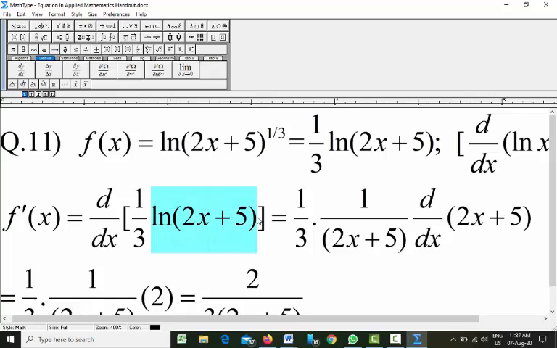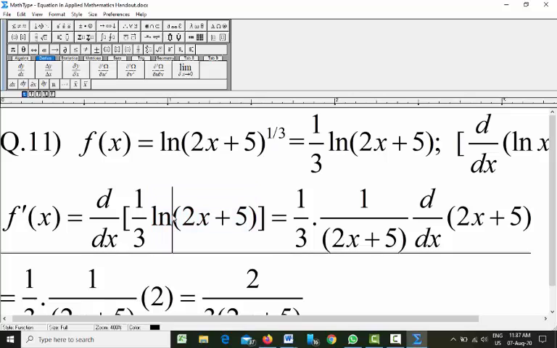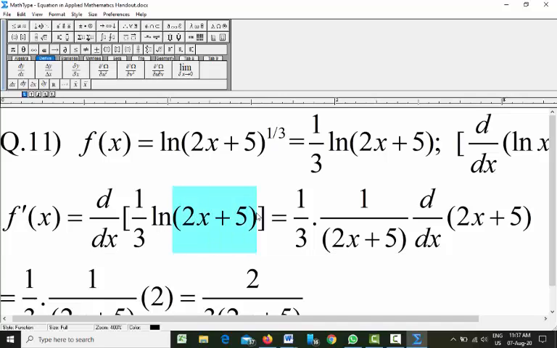As I said, whatever you have in front of ln should go in the lower part of a fraction, in the denominator, so we will have 1 over 2x plus 5.